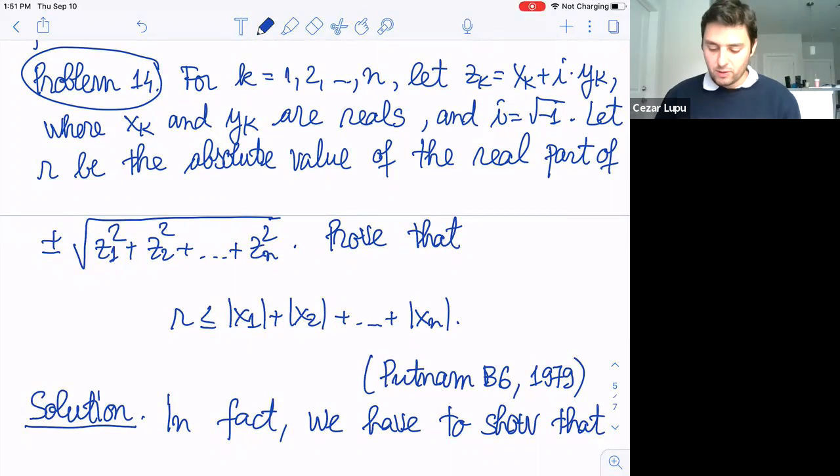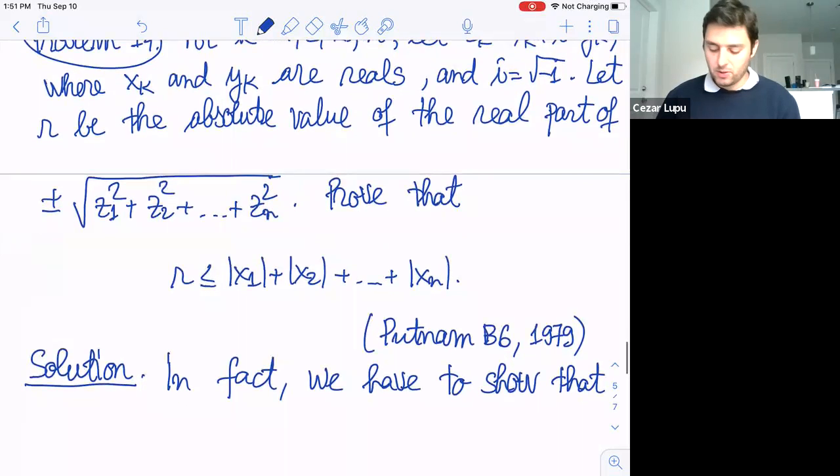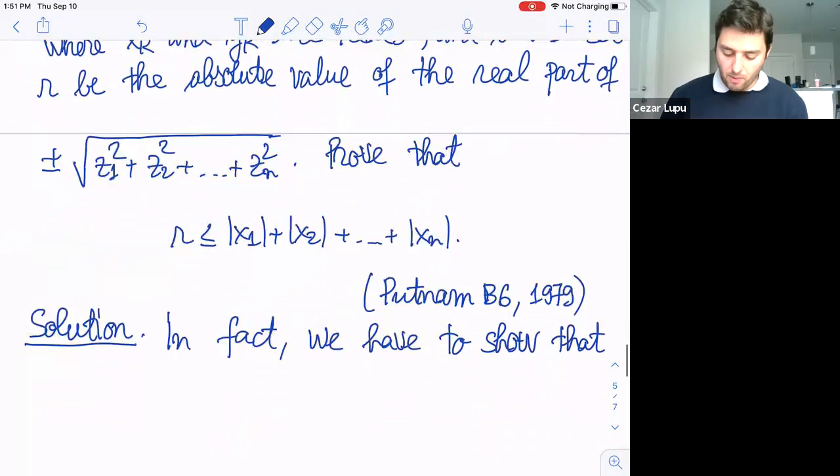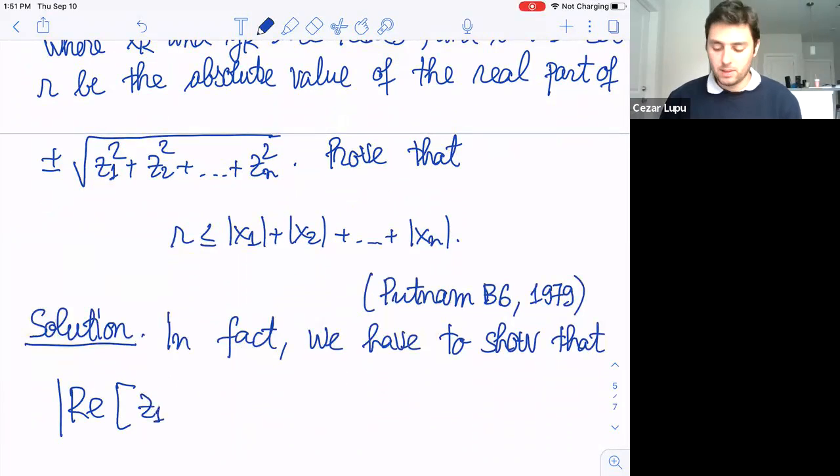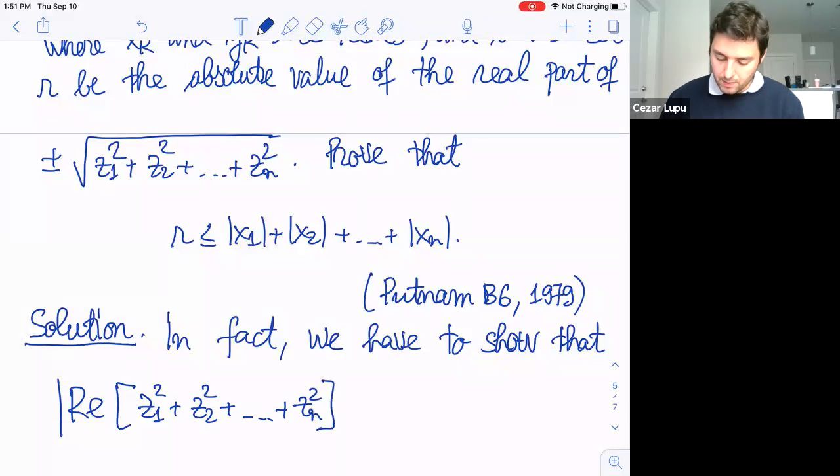If these z_k are complex numbers, then we want to show that the real part of the absolute value of this number, z1 squared plus z2 squared plus zn squared, right? So the real part of it, everything.